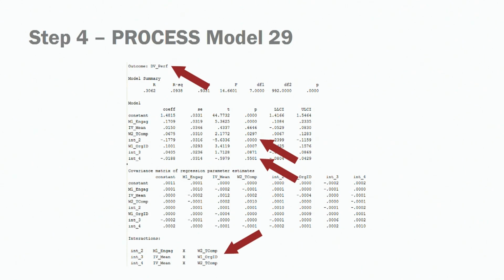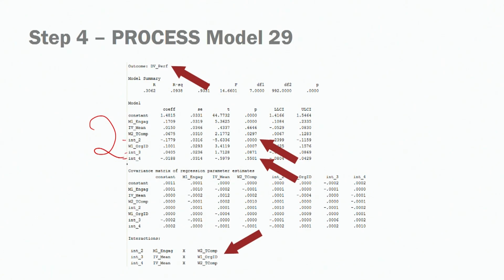And then we have our second step, in which we have a bunch of different coefficients, and we'll go through them. So what we are looking for here is if the interaction term between our mediator and our second moderator is significantly related to our dependent variable.